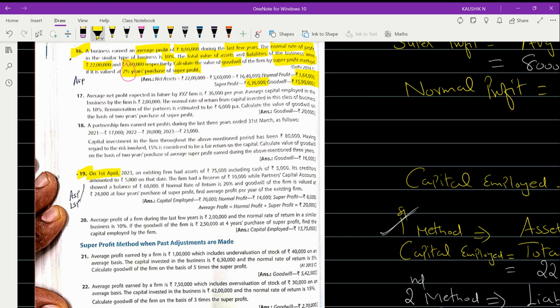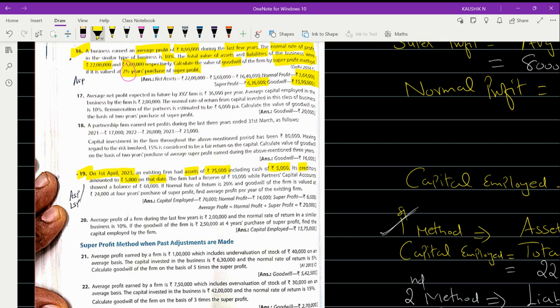On 1st of April 2023, an existing firm had assets of rupees 75,000, including cash of rupees 5,000. So there is an asset totaling rupees 75,000, which includes 5,000 rupees of cash. The creditors amounted to rupees 5,000 on that date.